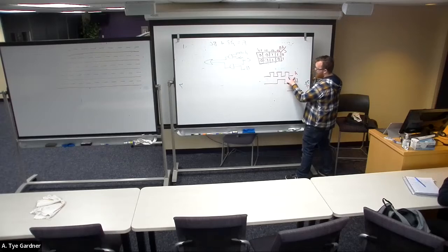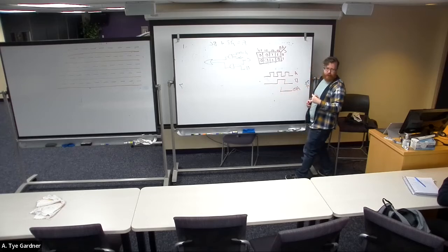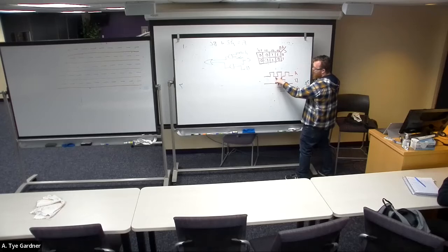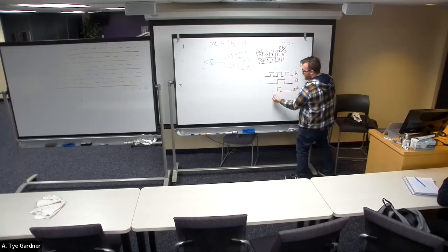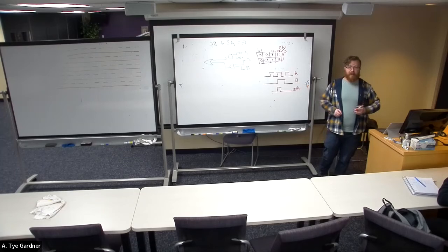It stays 0 because 1 and 0 is not on. 0 and 1 is not on. But here at this point, I have a 1 and 1. So I look straight down. I have little dots on this board. I'm cheating, so it is actually lined up. It goes to 1, but as soon as they both go to 0, it falls away and it stops being 1. Right? This is timing diagrams.